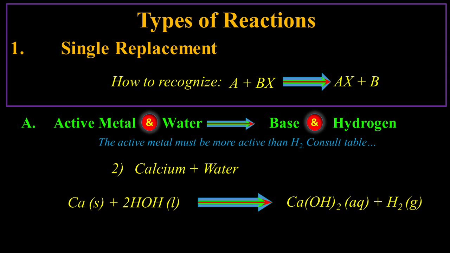Some of the problems are simply predicting products, and that's a very important distinction between problems where the reaction will actually happen and problems where it won't happen. I can still predict the products. Just because the reaction doesn't run doesn't mean I can't predict products.